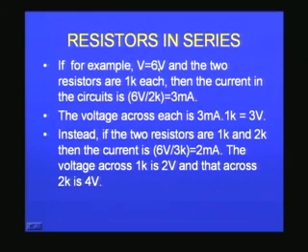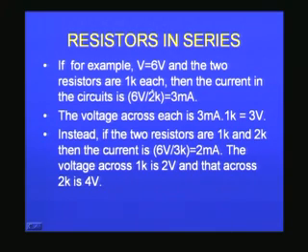The voltage here is 6 volts, and because I have used two resistors in series, the total resistance is 2000 ohms or 2 K. So, 6 volts by 2 K gives me 3 milliamperes. The K in the denominator will go in the numerator as 10 power minus 3, and therefore, 6 by 2 is 3, 3 into 10 power minus 3 ampere, and 10 power minus 3 ampere is known as milliamperes.